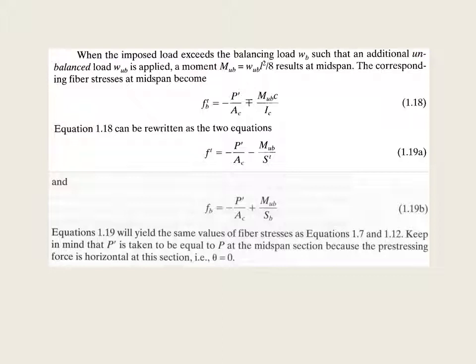Since, as mentioned earlier, because of the balancing load, we have this P prime over Ac. The imposed load will obviously disrupt the balance.